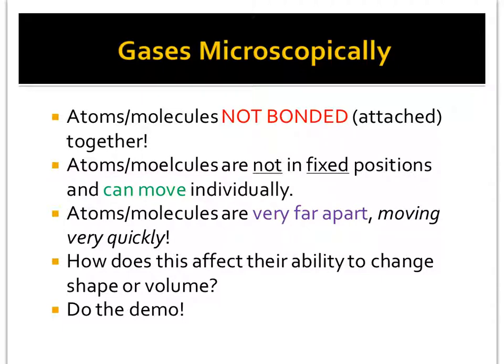Again, they're moving very quickly, and so they can fill up a very big space, or you can shove them much closer together and put them into a very small space. Because of that, they can fill a room, get into all the little nooks and crannies of a particular shape, and really spread out a lot.